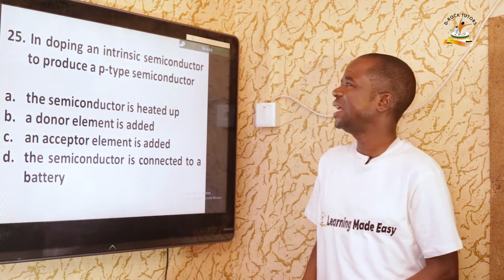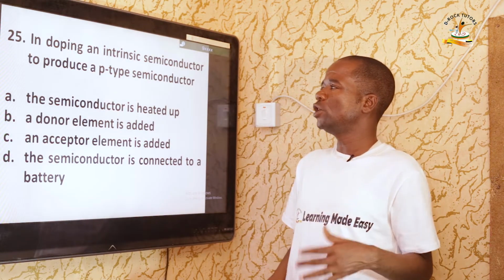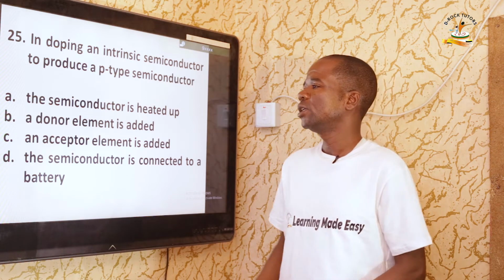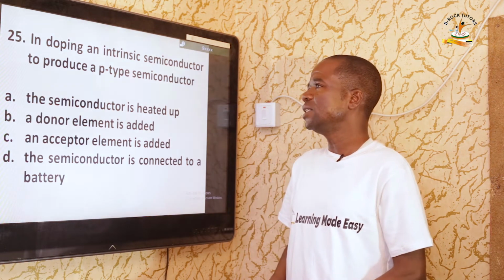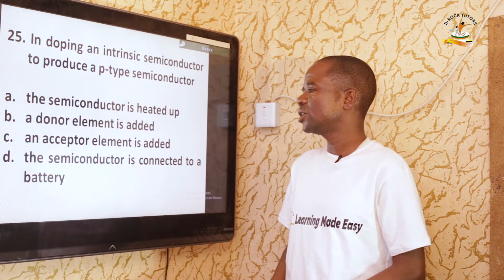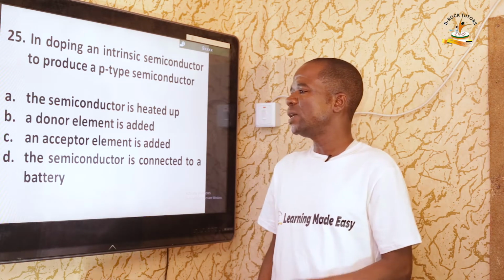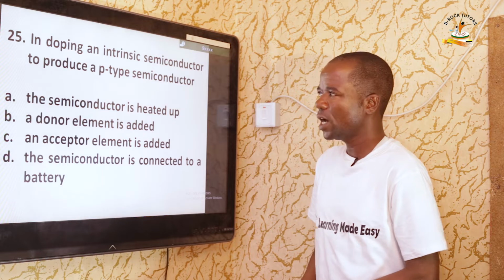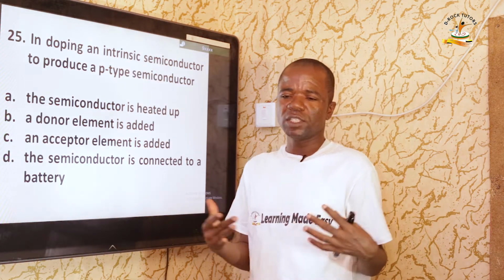In doping an intrinsic semiconductor to produce a p-type semiconductor, A, the semiconductor is heated up. It is not necessary. B, a donor element is added. That is the correct answer. We want to dope. And what is doping?